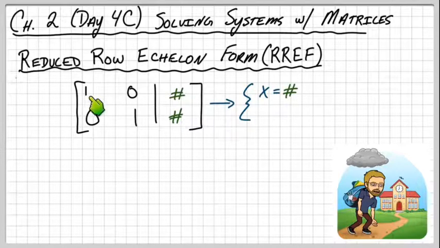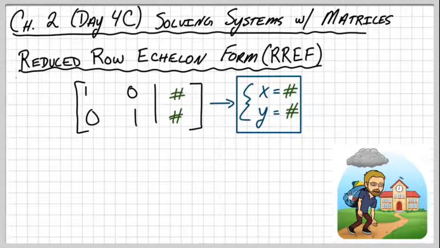I know 1x equals whatever number is here, and 1y equals whatever number is here. So essentially, the solving is done at that point. If I can get my matrix into reduced row echelon form, I can look right across the way for my x answer and my y answer.